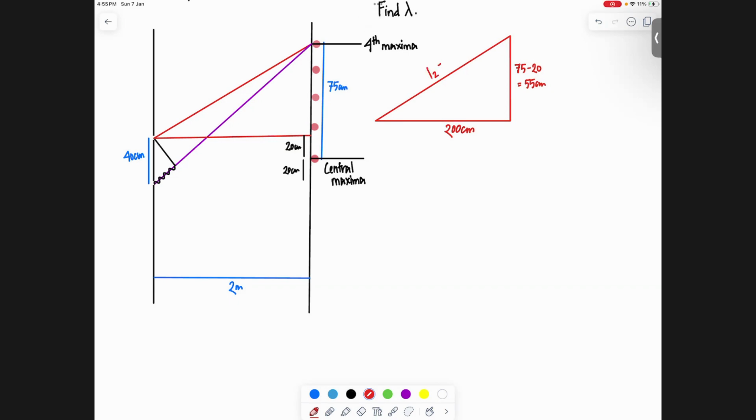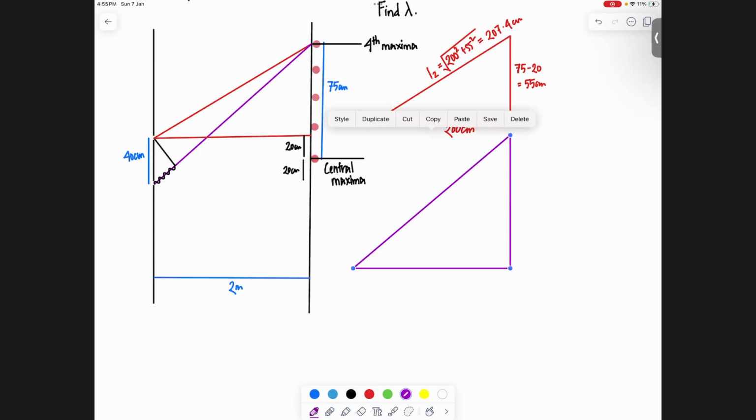Let's call this L2. Can somebody tell me what the value is here? The square root of 200 squared plus 55 squared comes to how much? 207.4 centimeters. Okay, fine. Now we'll do it for the purple one. Purple is again 200 centimeters, and this extra 20 gets added at the bottom, so that's 75 plus 20, which is 95 centimeters.